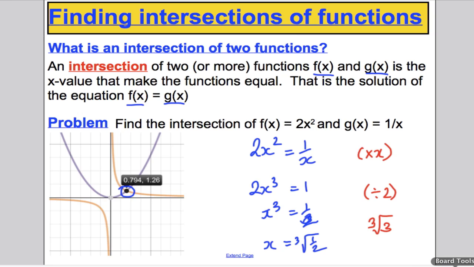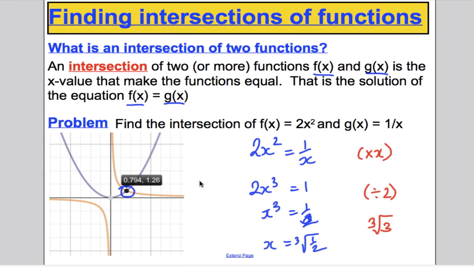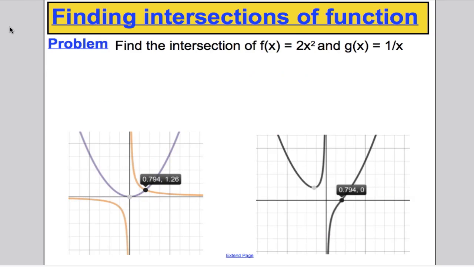And if we take our calculator and work out the cube root of 0.5, we get 0.793, the same as on this graphing software here. So we can actually work this one out algebraically. But the easiest way with these sorts of things is to draw the graph and locate the intersection on the graph.